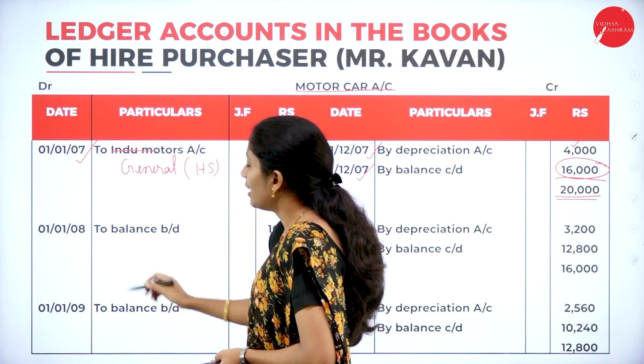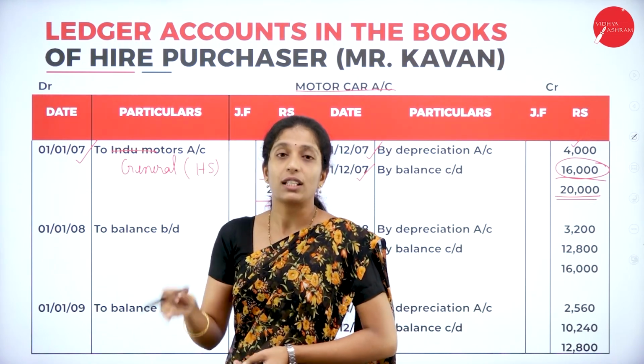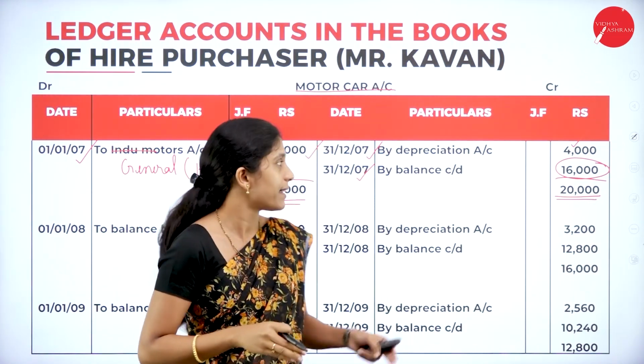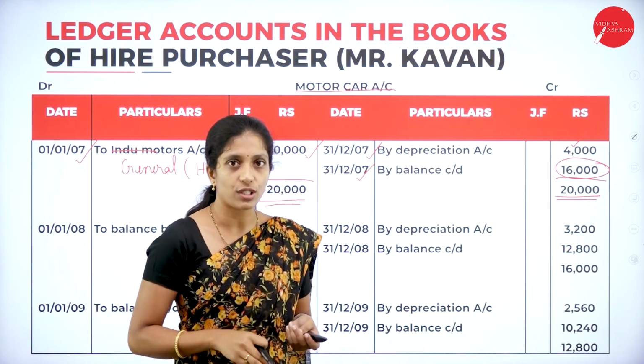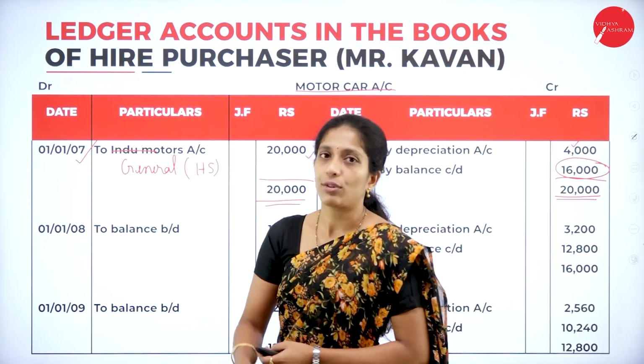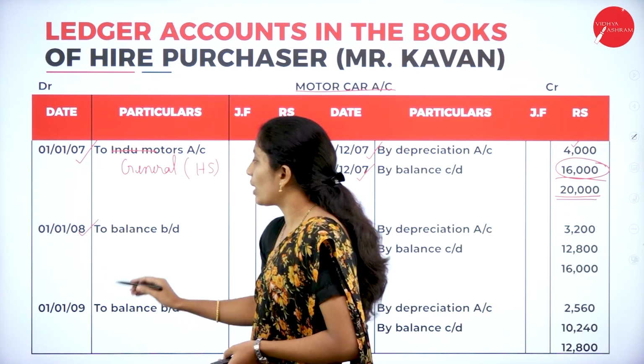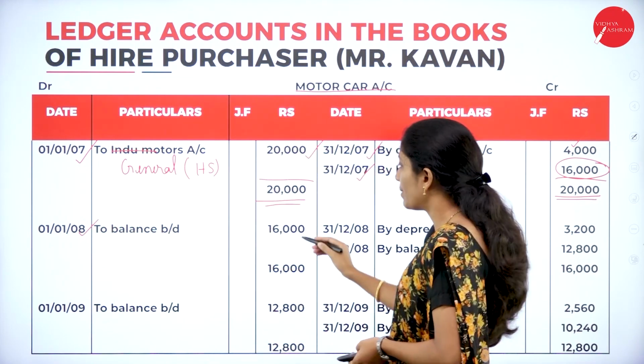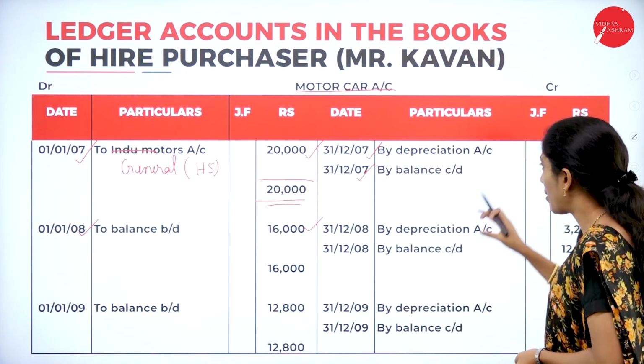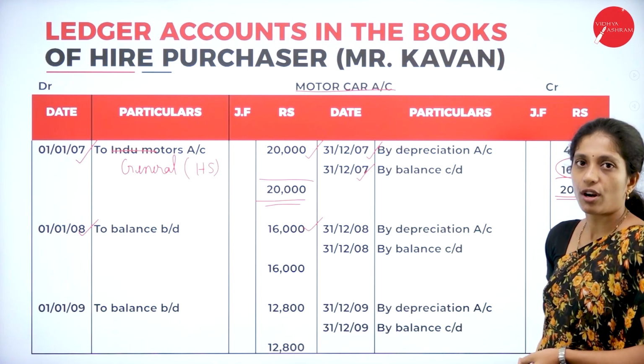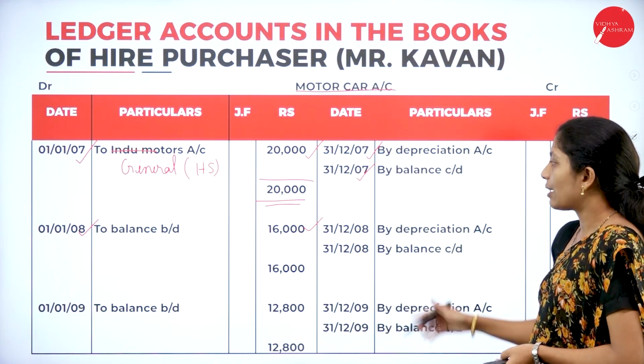Now in the second year, whatever amount you carried down at the end of the previous year, that is 31st 12/07, you have to bring down that balance. 1/1/08, to balance brought down, how much? 16,000. Whatever amount you carried down, you have to bring down.